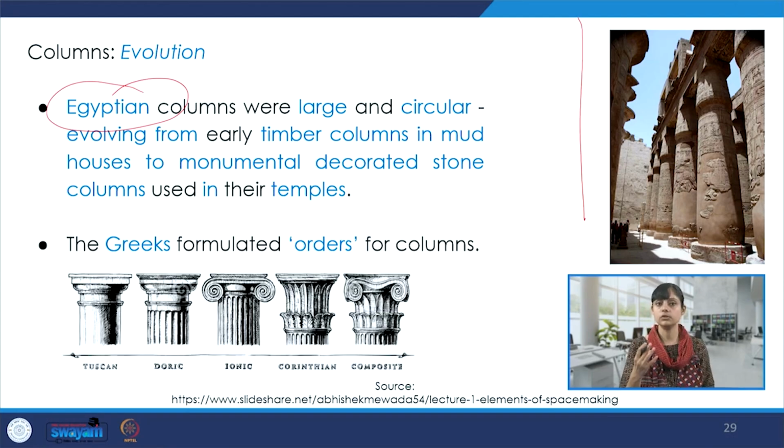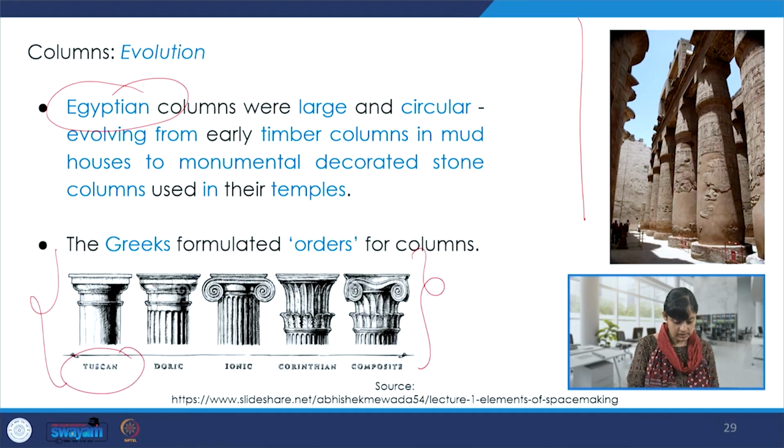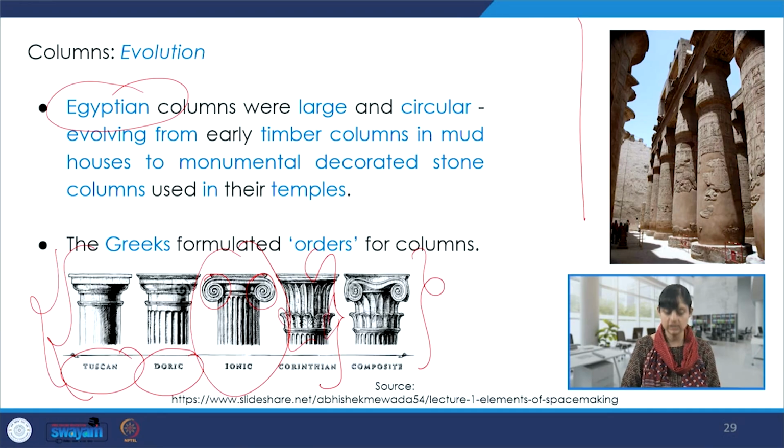Now the Greeks formulated orders for columns, and they are known for this very famous classification where we see a Tuscan column, a Doric order column. This one is Ionic, with these kinds of scrolls added. This one is a Corinthian with lots of foliage and details, and this is a composite one. So we see the role and applications of these orders that the Greeks formulated.